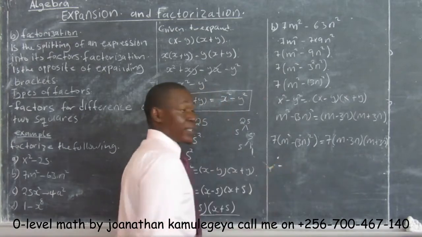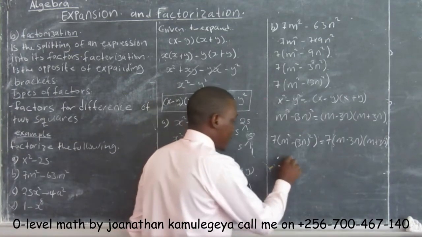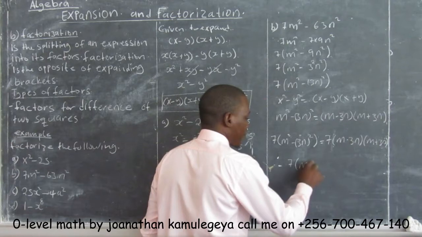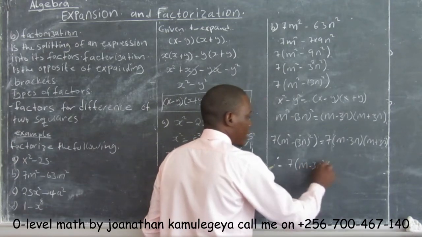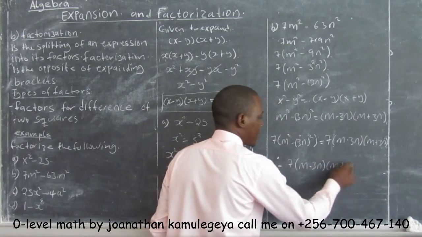Therefore, our final answer in that case is going to be 7 into m minus 3n into m plus 3n.